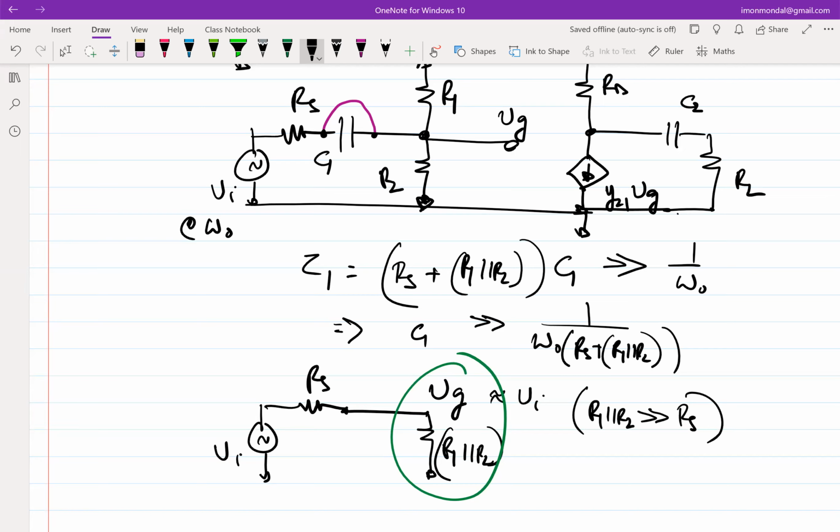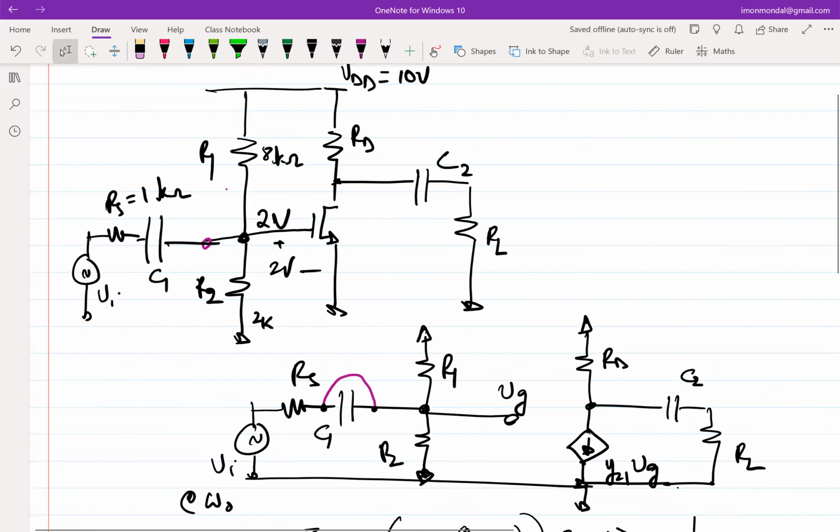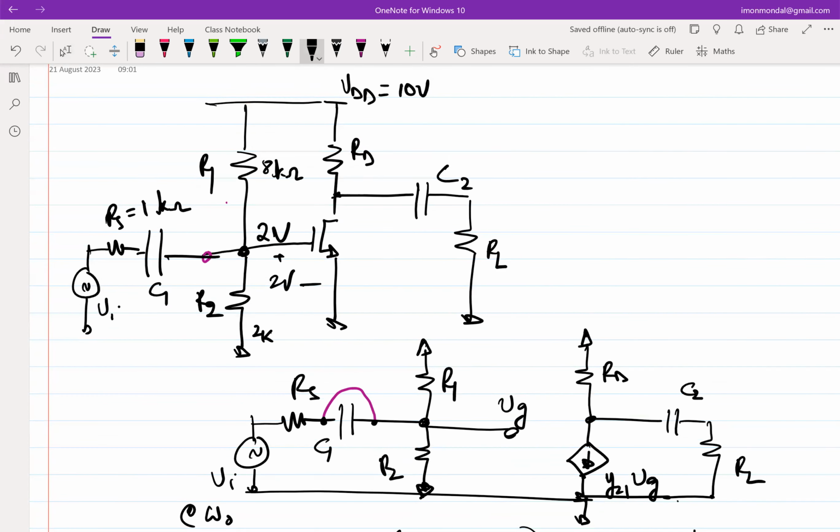So let me ask you one follow-up question on this. So let's say the MOSFET that you have has some input current, some leakage current or something, right? So let's say it has some IG. Let's say it's a constant IG.